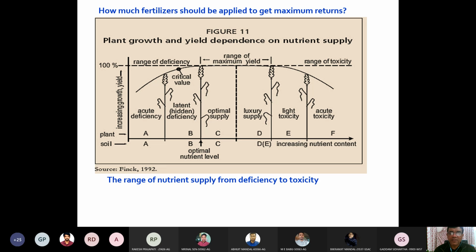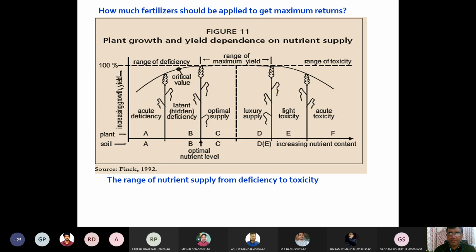It is never decided on the basis of total content of the nutrient. It is decided on the basis of the available nutrient. So whatever available is there, whatever has been brought to the solution or exchangeable site, that is your available phosphorus.